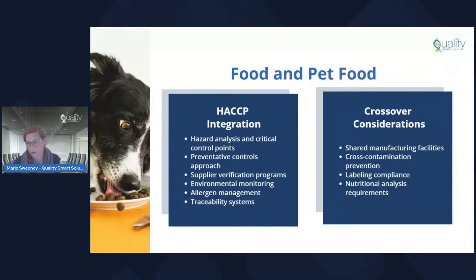And then any crossover considerations that you might want to have, which is if you have food and pet food in the same building, or you have an NHP and a food in the same building, you want to be able to ensure that you are preventing any cross-contamination, that you have a separation strategy in place, basically.